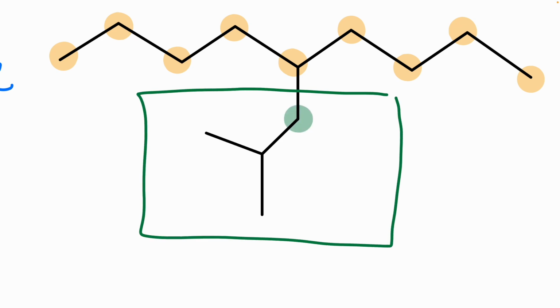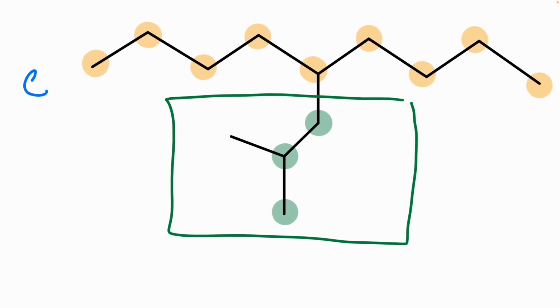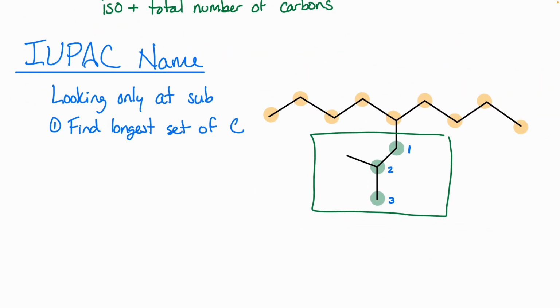So 1, 2, 3. We're going to number this set of carbons, but this is the one place where we need to be careful. Our rule for numbering is that carbon 1 has to be attached to the parent chain. Whatever is actually sticking off of the parent chain becomes carbon 1.